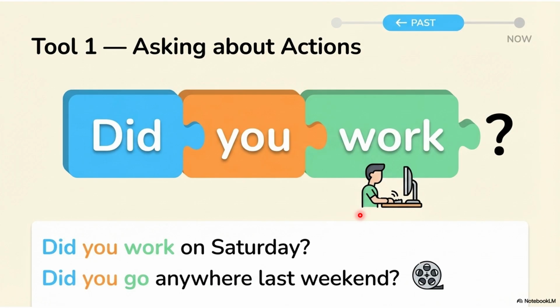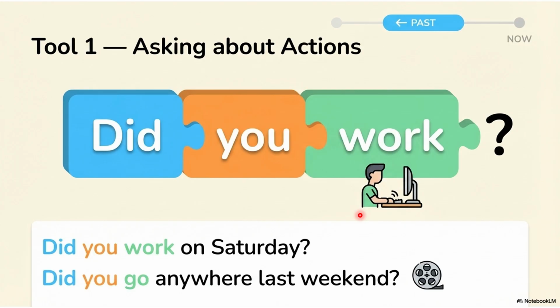Okay, so when we have a question like this one, did you work on Saturday or did you go anywhere last weekend? We have one of two answers. It's either yes or no. Let's start with yes, saying yes. Okay, the answer is yes, I did, period, right? If I want to add more information, I have to remember that I have to change the tense of the verb.